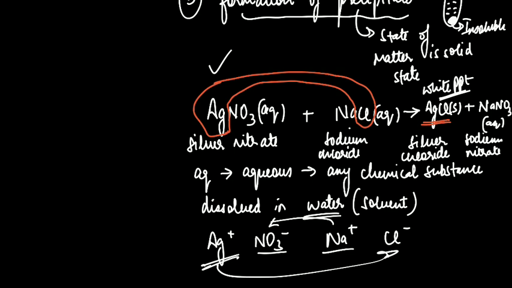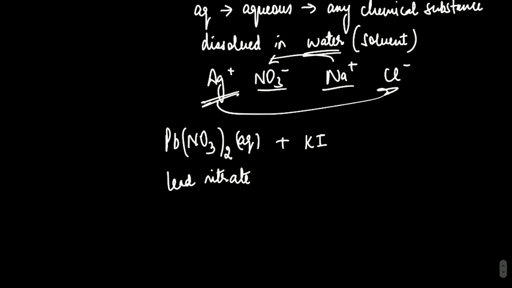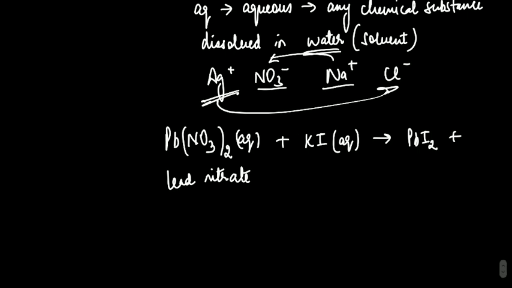We don't need to put any stoichiometric coefficient in front of it. We are going to get PbI2 and potassium nitrate. PbI2 is going to be in solid state because it's our precipitate, and KNO3 is aqueous.